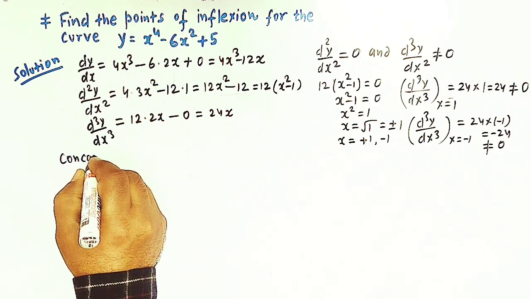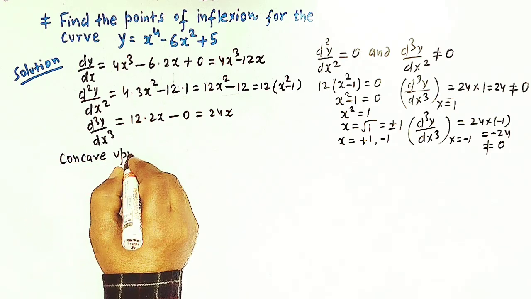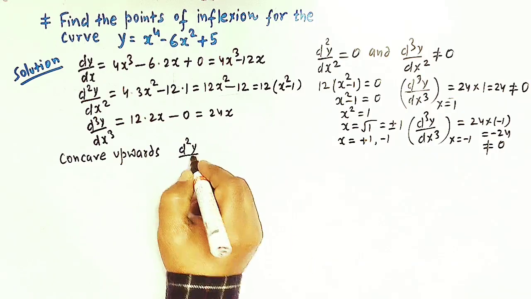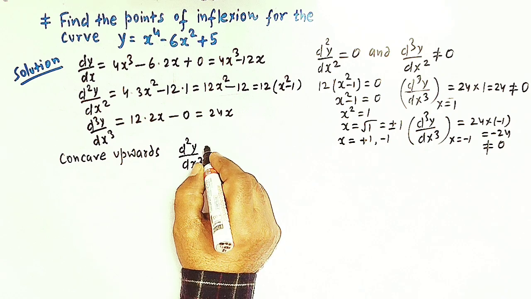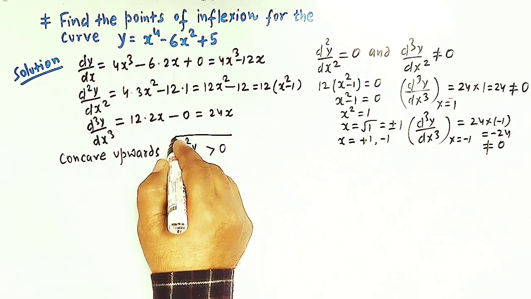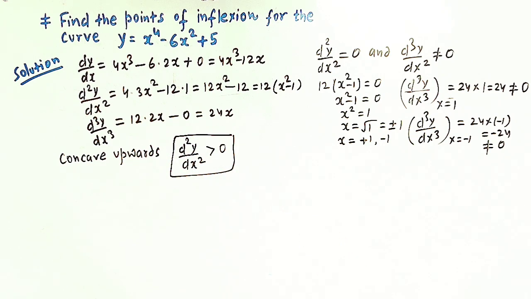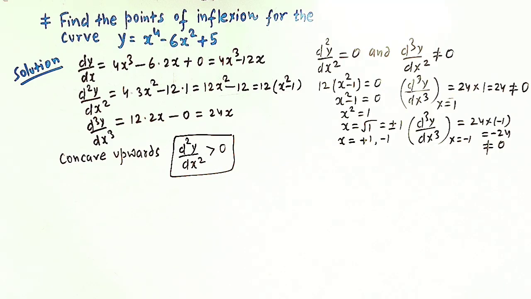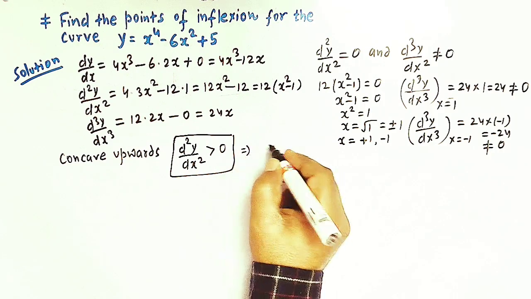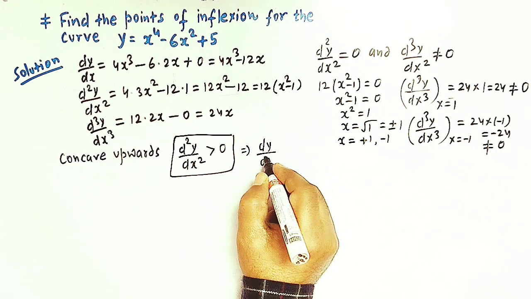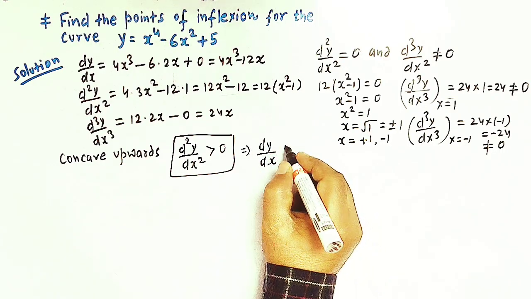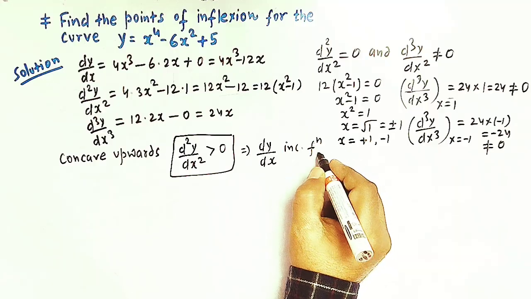So the condition for concave upward is given by d2y over dx2 should be greater than 0. So a curve or a function is concave upwards when the second derivative is positive, that is it is greater than 0. So this implies that the function dy over dx, that is the first derivative, should be an increasing function, right?